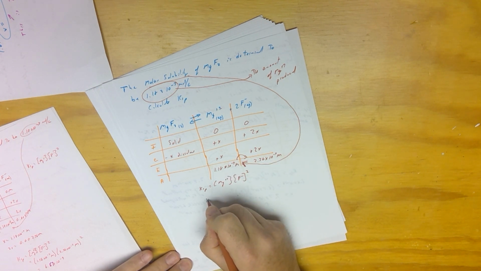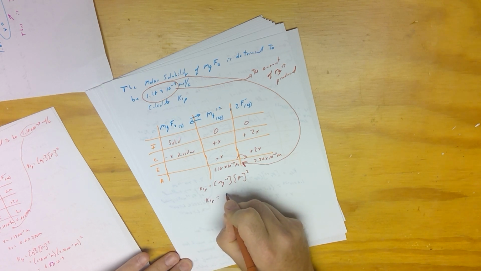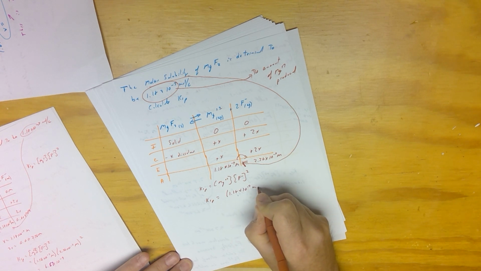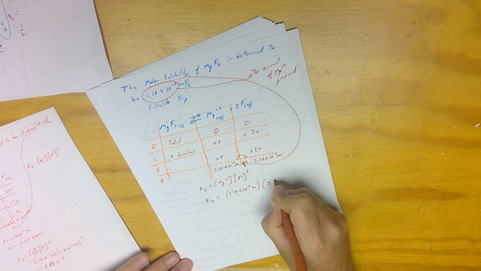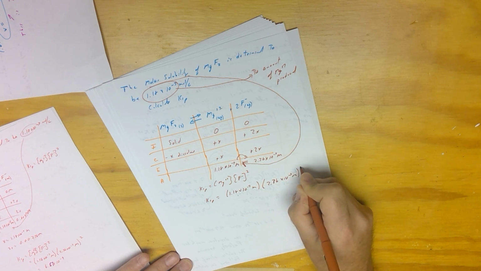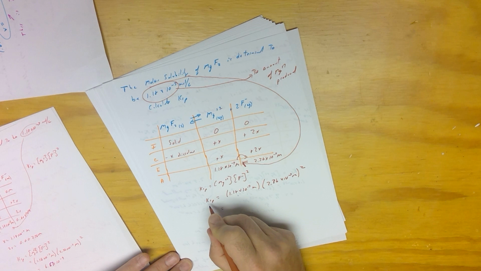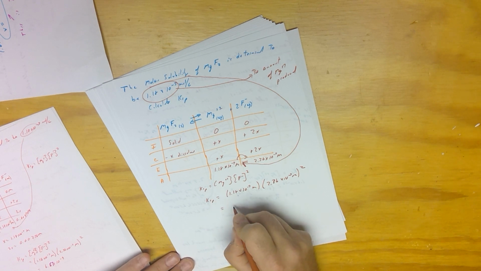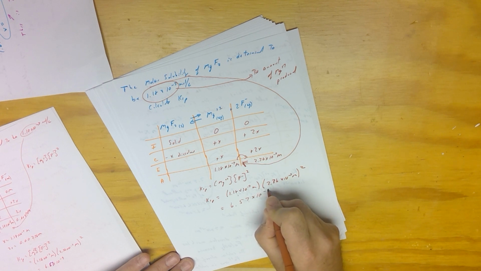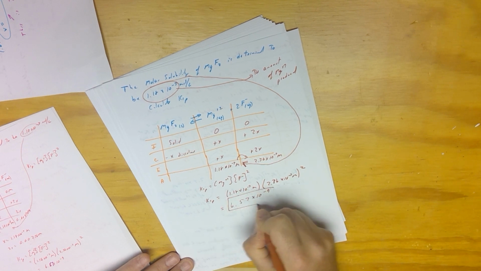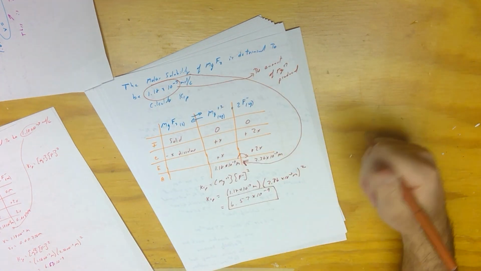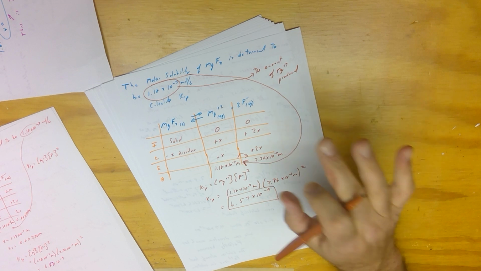I just substitute in: KSP equals 1.18 times 10 to the minus third molar times 2.36 times 10 to the minus third molar, squared. So our KSP is 6.57 times 10 to the minus 9th. This is just a little bit different problem. I figured I'd quickly show it to you.